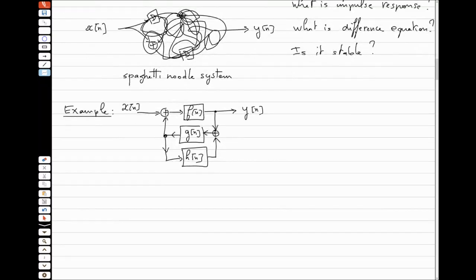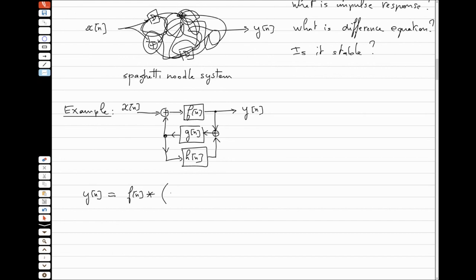Let's write what we can write. What is y of n? It is the output of this system. So it is f of n convolved with the input. What is the input of f of n?